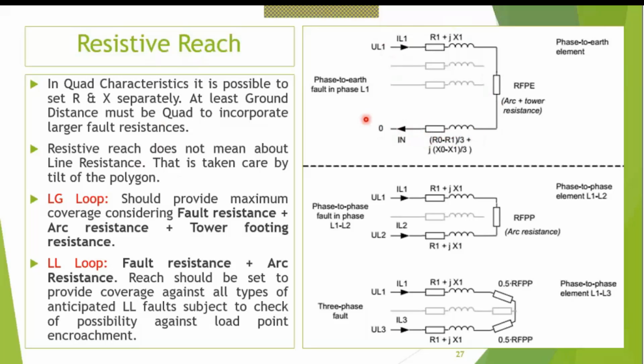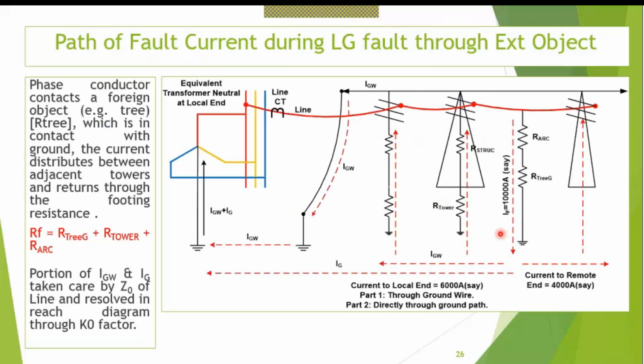Again taking you back to the earlier slide, the return is this one. It's IGW, IG, all this. This is the return. This part, the impedance encountered by these currents is taken care of by the K0 factor or the K0 expansion of the distance relay reach.